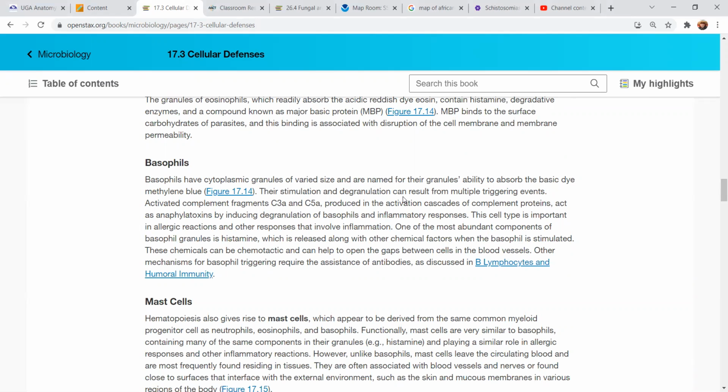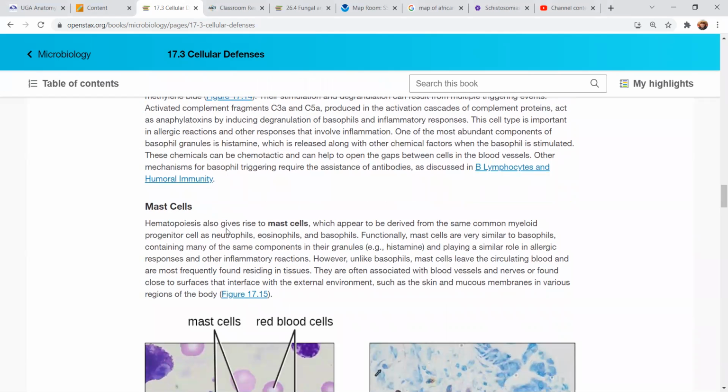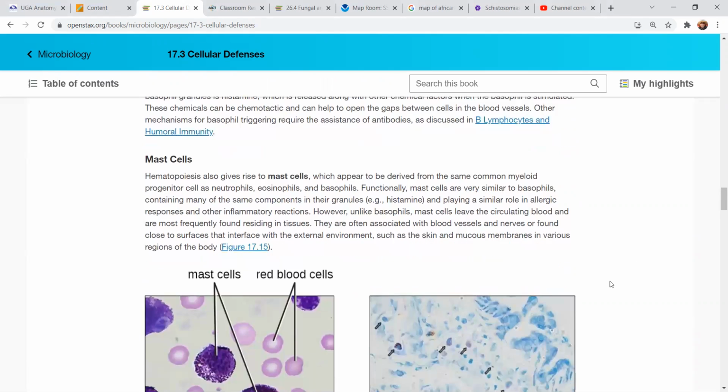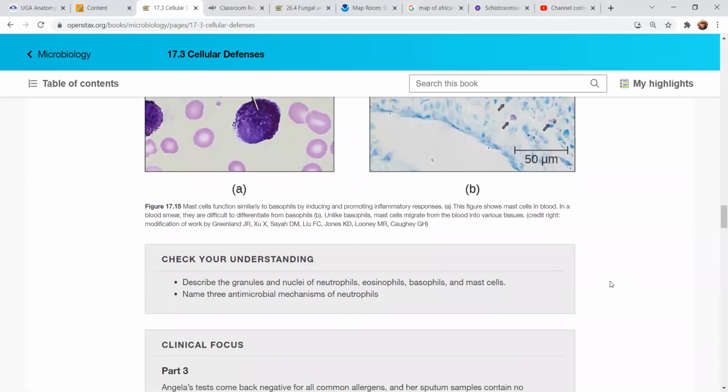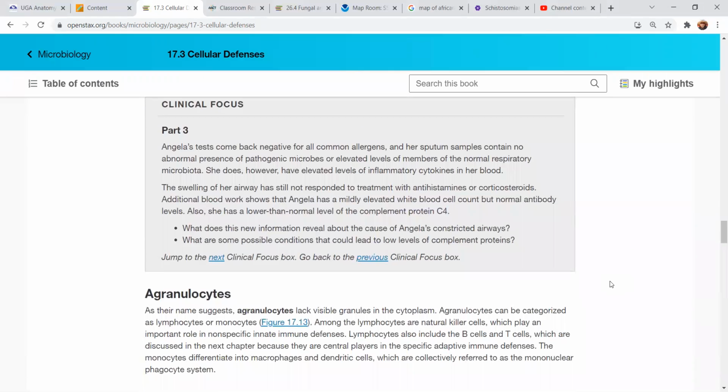They can also promote inflammation. They also secrete histamine. We also have what are called mast cells, very similar to the basophils, but they leave the bloodstream and they actually go into tissues, blood vessels or nerves, and they can support inflammation there.